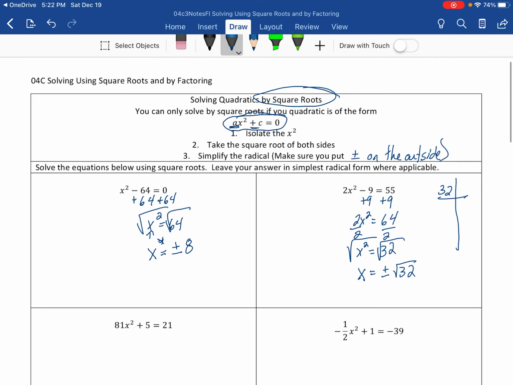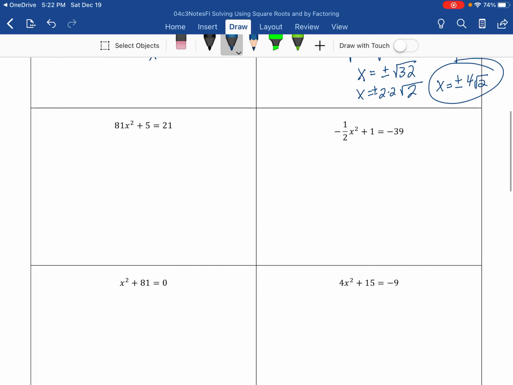So in this case, 32 divided by 2 is 16, divided by 2 is 8, divided by 2 is 4, divided by 2 is 2, divided by 2 is 1. So I'm going to take two 2's out, and I'm left with a 2 on the inside. And so x is equal to plus or minus 4 radical 2.